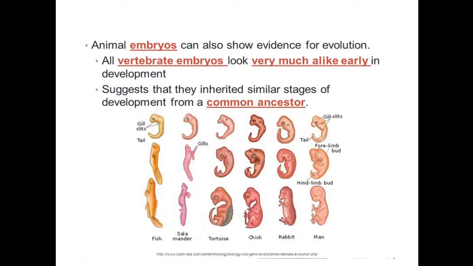And in this picture, you can see more examples and ways of development, embryogenesis, about which we spoke last semester, how it happens, with many of the same stages between different animals: fish, salamander, tortoise, chick, rabbit and human.